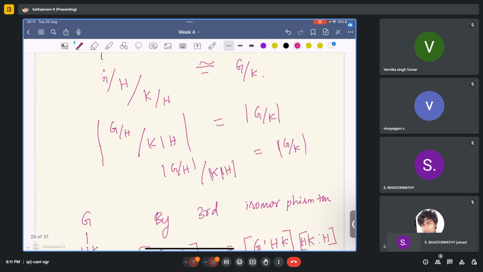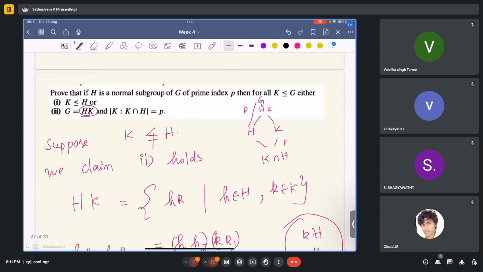So I will try to explain here. If you go by HK by H, finding this index is the same as finding this index. If you want to remember the second isomorphism theorem, see it geometrically. Finding this index is the same as finding this index. You can visualize it like this.